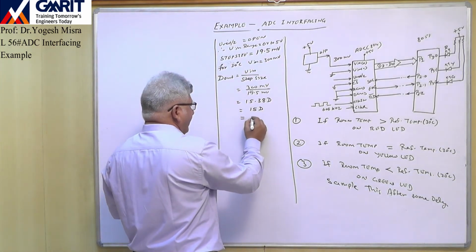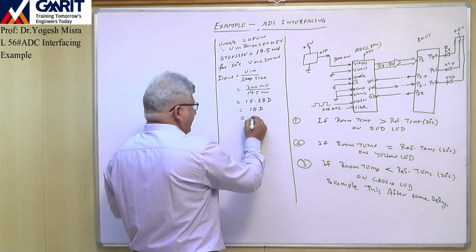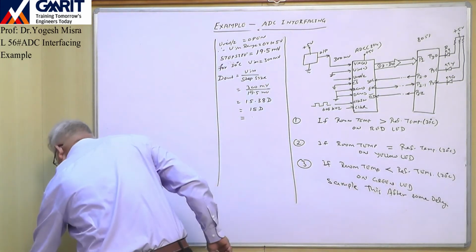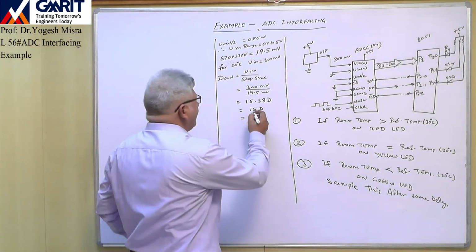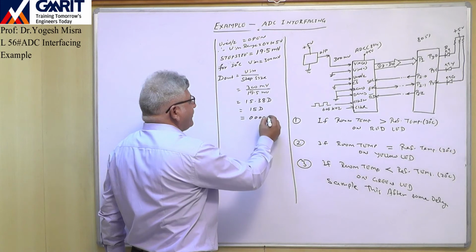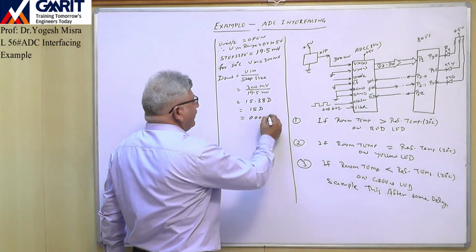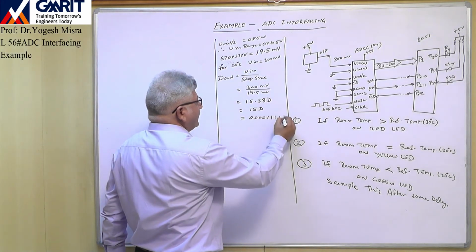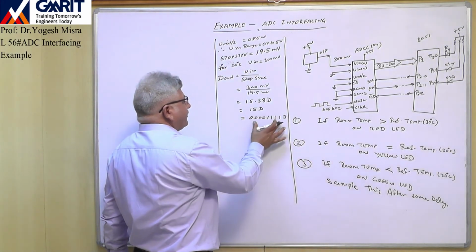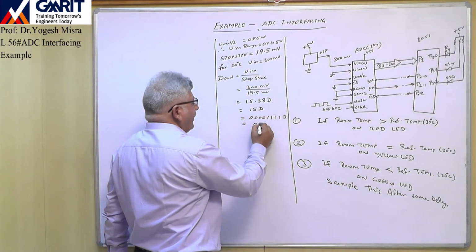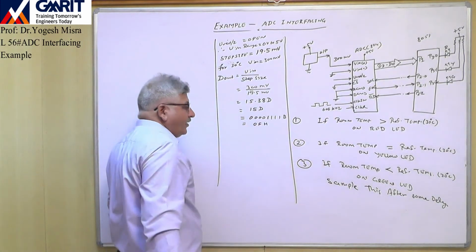And in hexadecimal, now we write it in 8-bit binary form. So in 8-bit binary, this 15 is 0 0 0 0 1 1 1 1, 8 4 2 1, right? This is the equivalent 8-bit number of 15D. In hexadecimal it is 0FH.